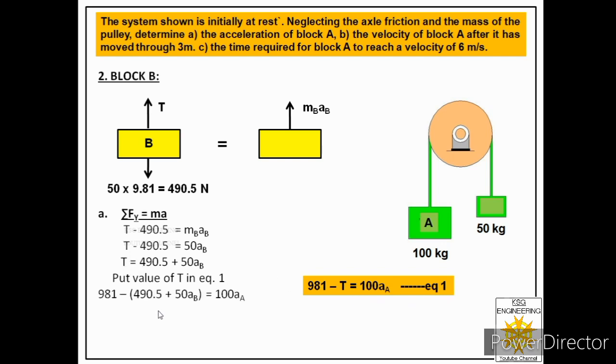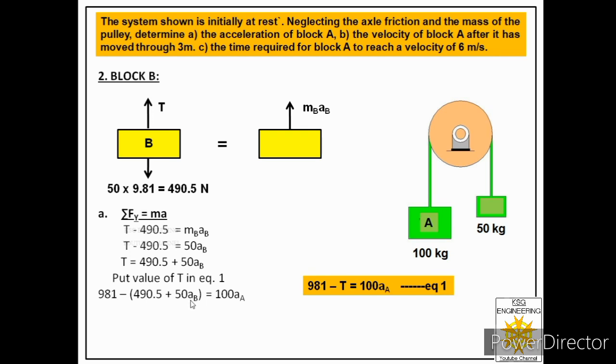We will get another equation as 981 minus 490.5 plus 50 aB is equal to 100 aA. Now in this equation still we have two unknowns, aB and aA, so we cannot solve this equation.